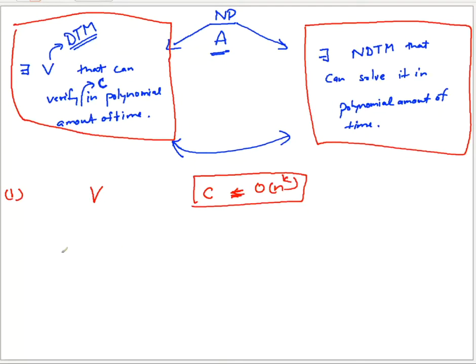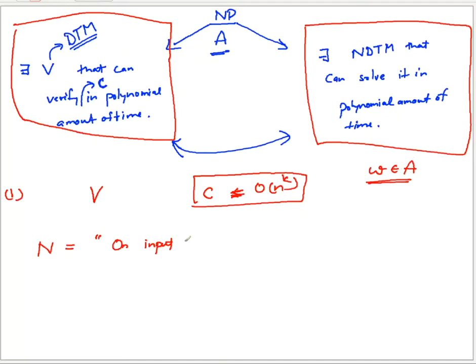How are we going to construct a non-deterministic machine? What will be the input for that machine? We are checking whether a string is in the set A or not. That's what you're going to decide, whether A is in NP or not, right?